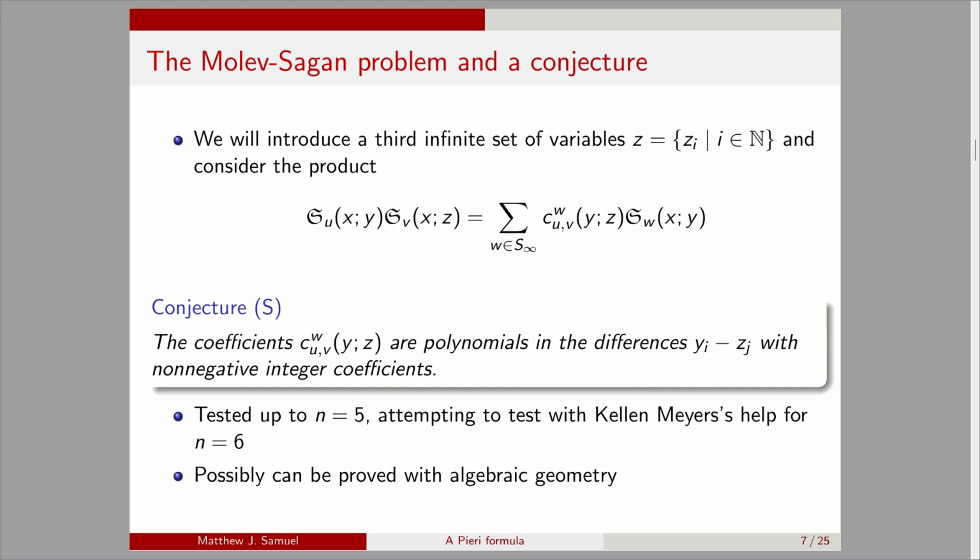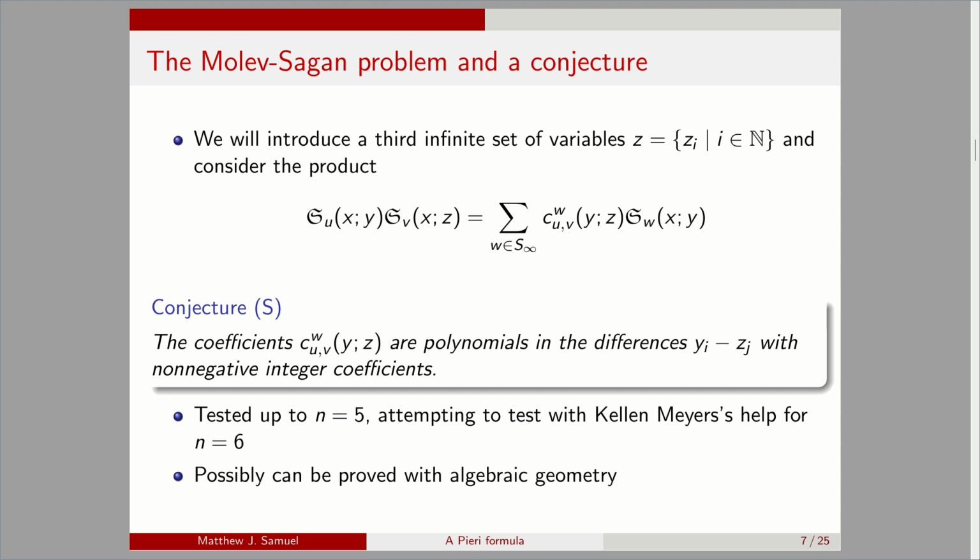So we're going to generalize these structure constants to introduce what I call the Molev-Sagan problem. We take a third infinite set of variables z and consider the product S_u(x,y) times S_v(x,z) and expand this in terms of the basis. And the coefficient of S_w(x,y) is c_{uv}^w(y,z). Now this will be our object of study.